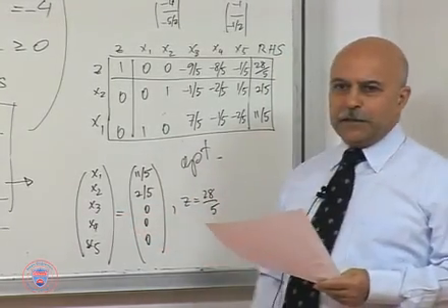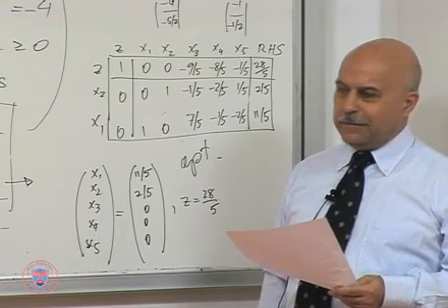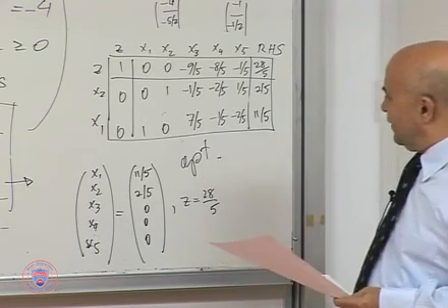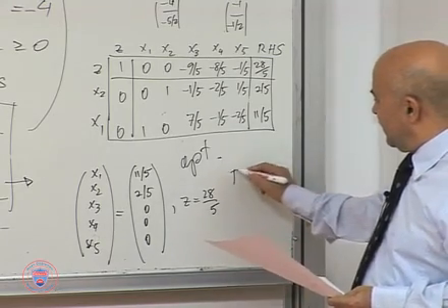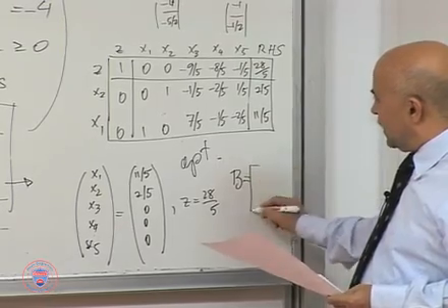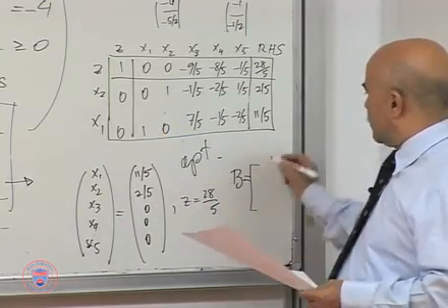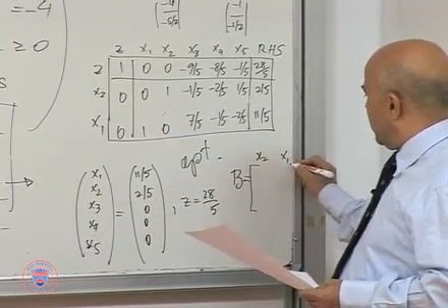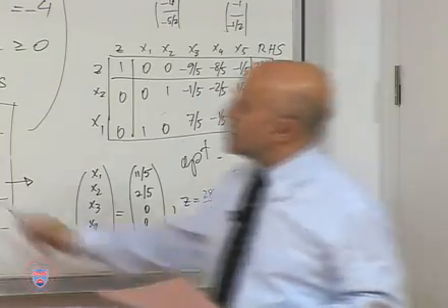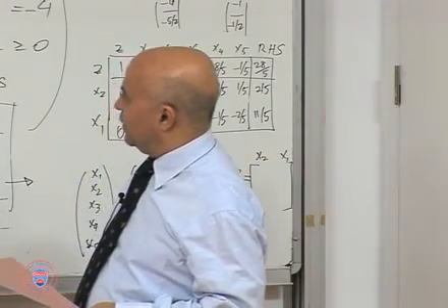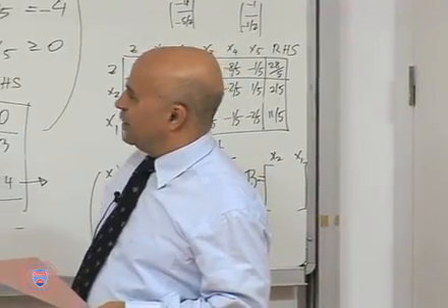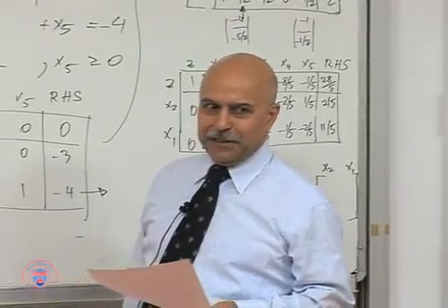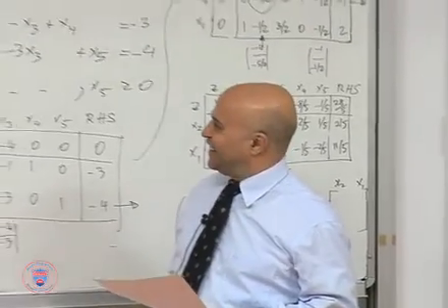What is the optimal basis? The columns associated with x2 and x1. The x2 column is, where's my? Is it -2, 1 or 2, 1? Which one?